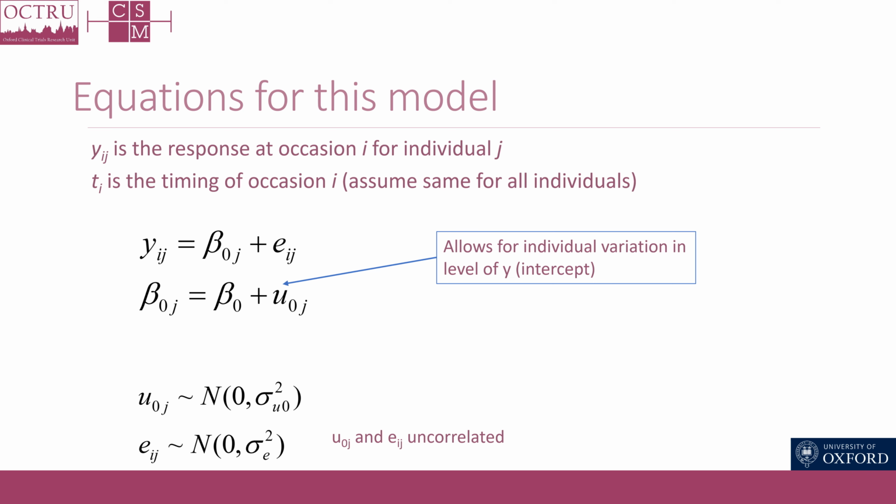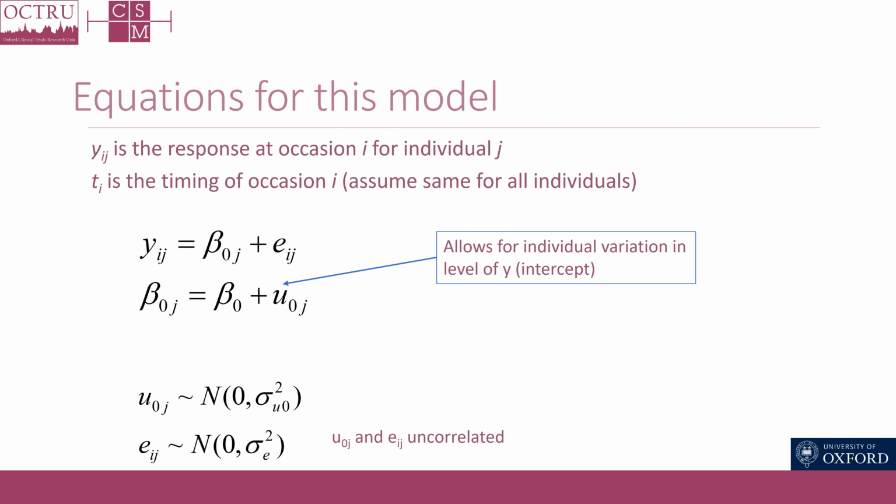Let's put everything together now in one model and see the equations. So we have an individual weight y, for occasion I and individual j. We assume no growth for the moment, so time is the same for all. So each individual has its own mean, beta naught j, plus some residual error, EIJ. Each mean is centered around the population mean, weight beta naught, plus some individual level residual, U naught j.